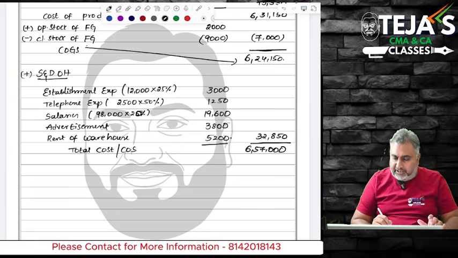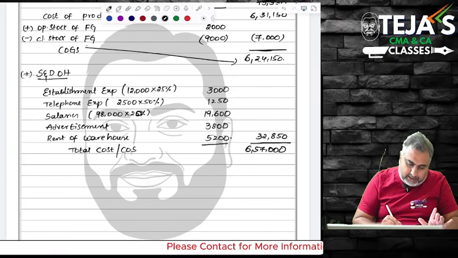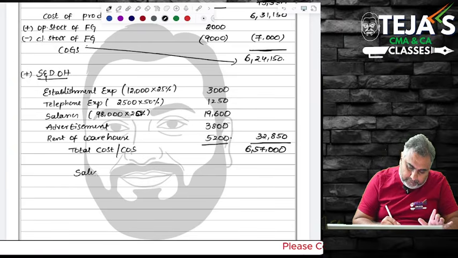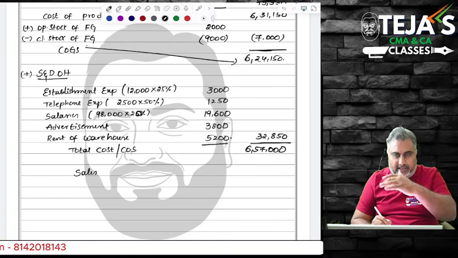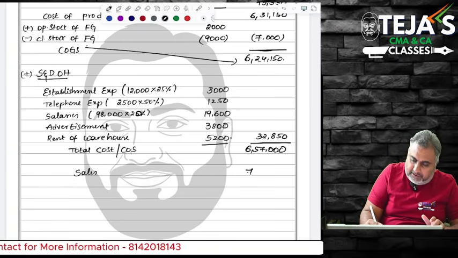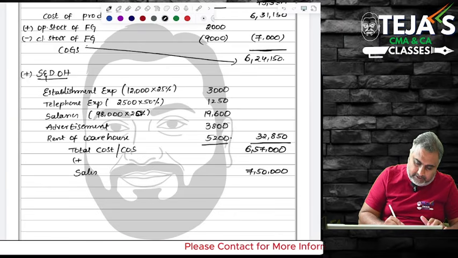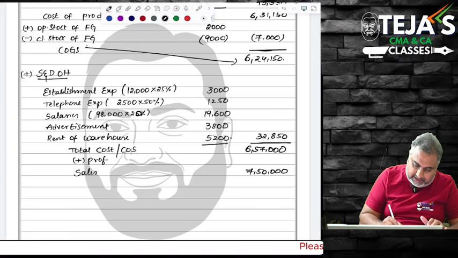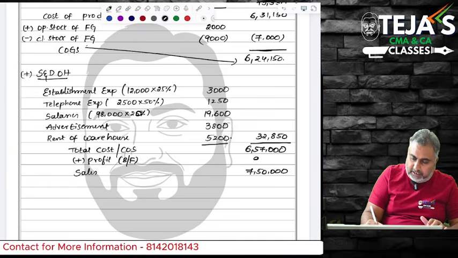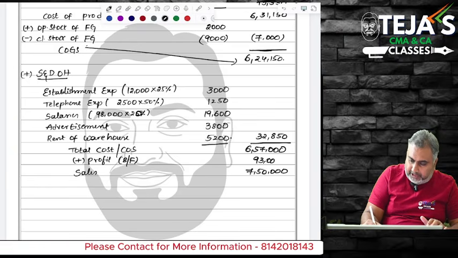They provided sales in the question, at the starting on the credit side: 7,50,000 is our sales. Then profit will be the balancing figure, that will be 93,000.